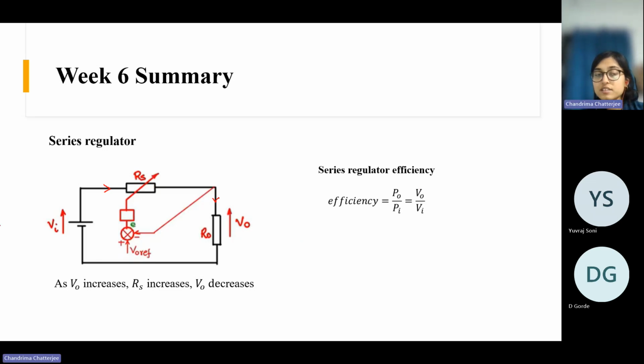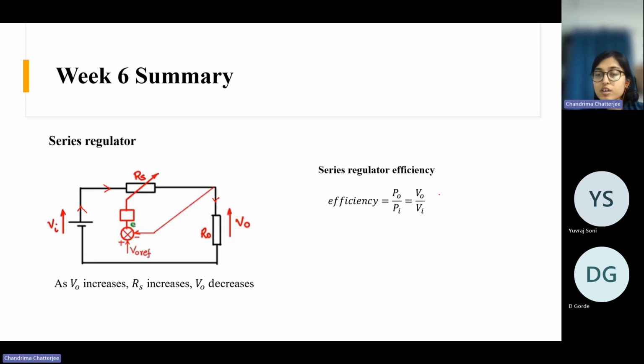The current that is drawn from the source, that is the input current, and the current that is coming here are the same because all are in series. So that's why the efficiency is nothing but the ratio of output voltage and input voltage.